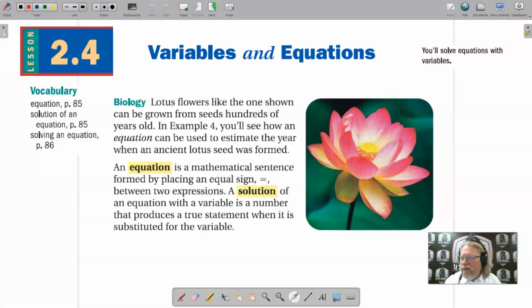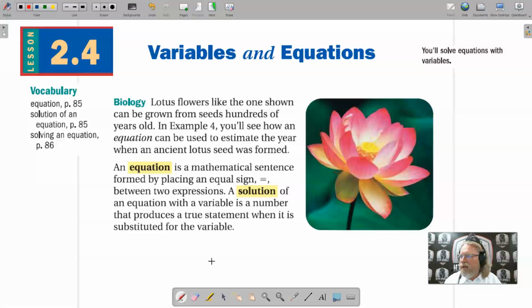Also, notice I'm going to highlight the root word here. Notice that all but the L, see the word equal there, E-Q-U-A-L, the word equal is the root word for the word equation. So one way to remember that equations have equal signs is because we can see the root word equal in the word equation.